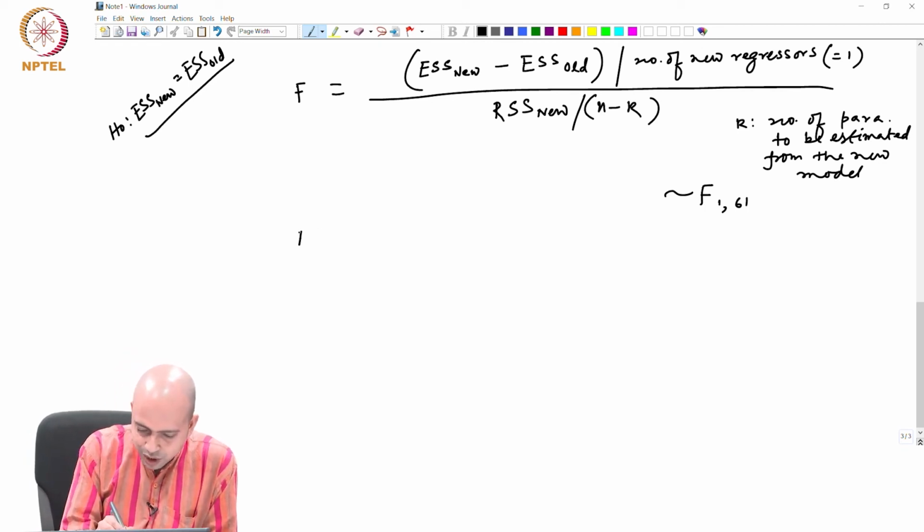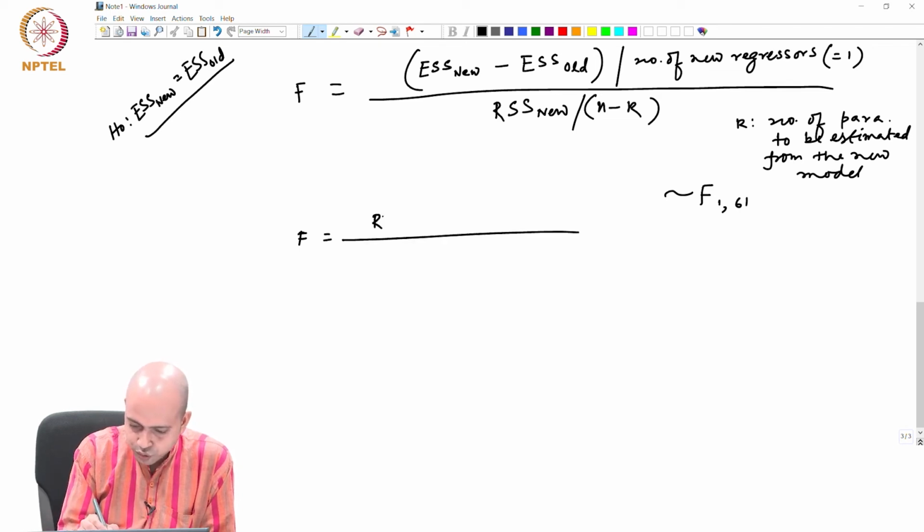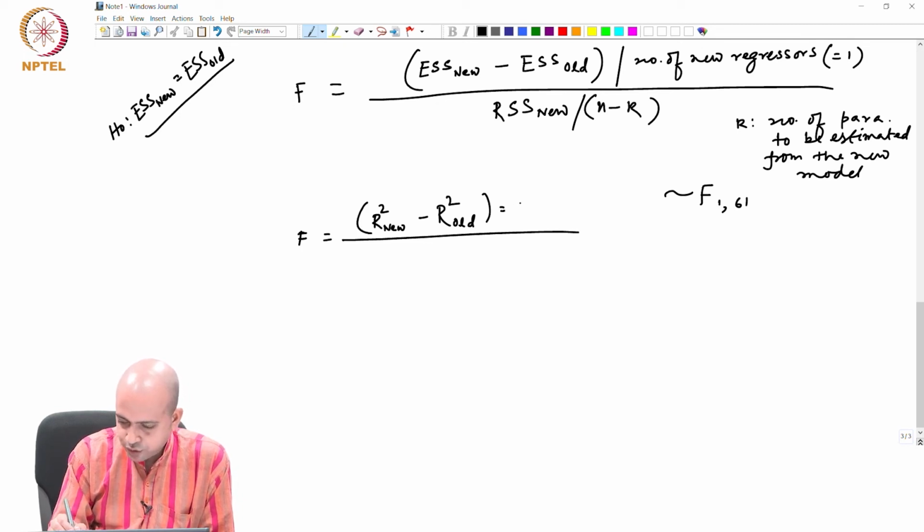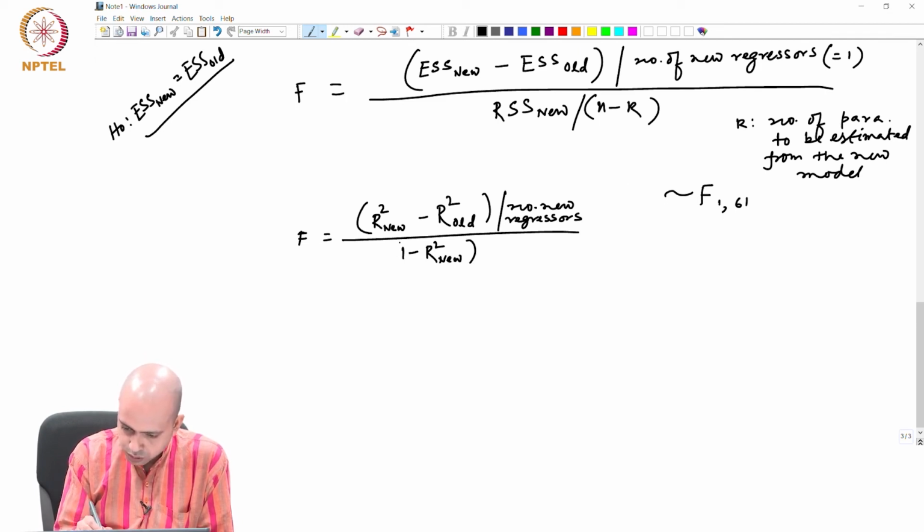In terms of R square, this would become (R square new minus R square old) divided by the number of new regressors, divided by (1 minus R square new) divided by (n minus k).